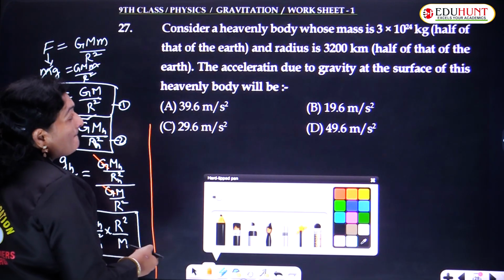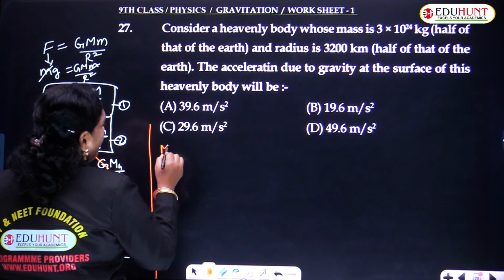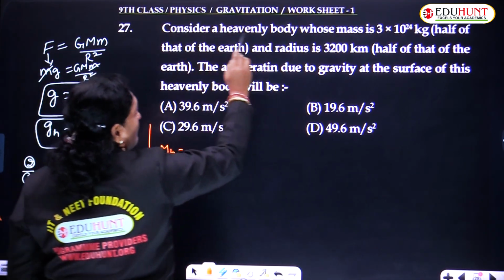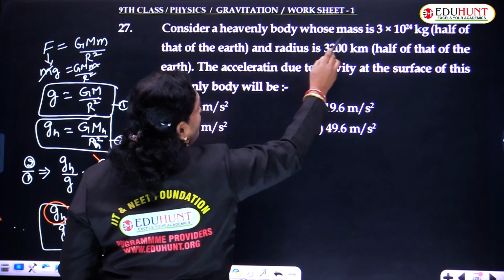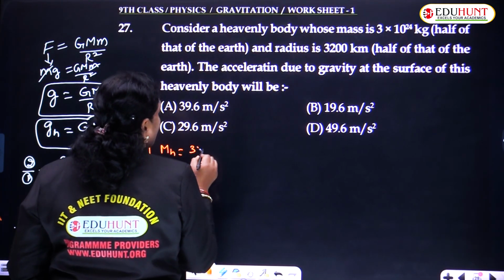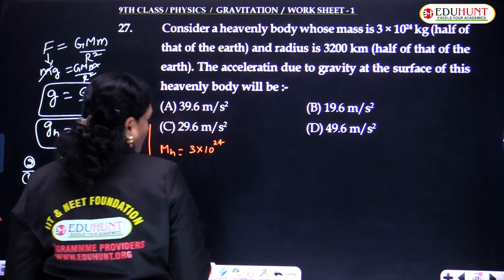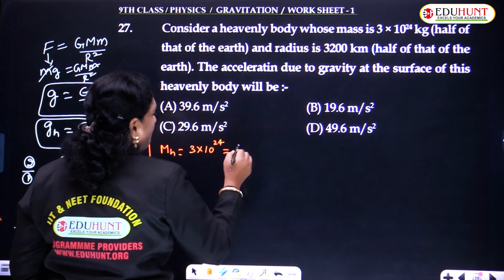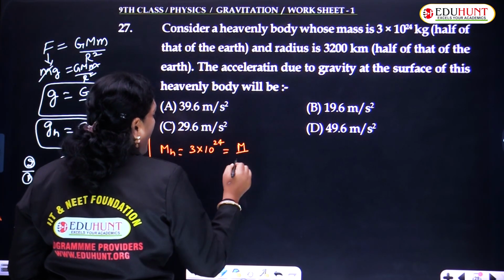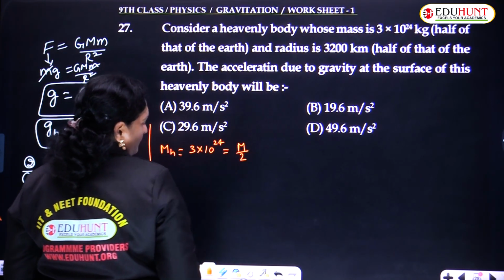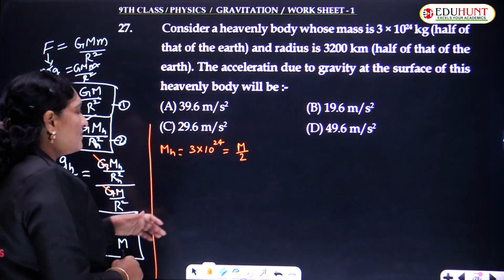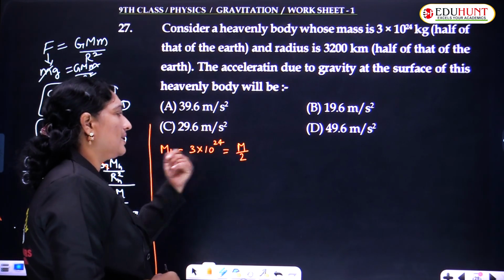What is given? The mass of the heavenly body is 3 into 10 power 24. This is also equal to half of the mass of the earth. If the mass of the earth is taken as M, it can be taken as M by 2.